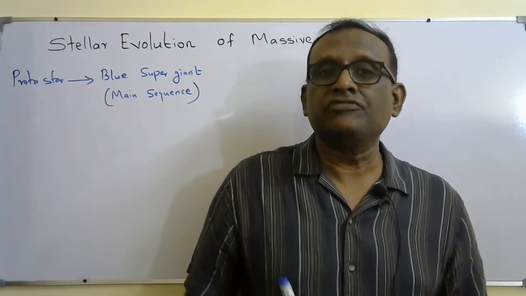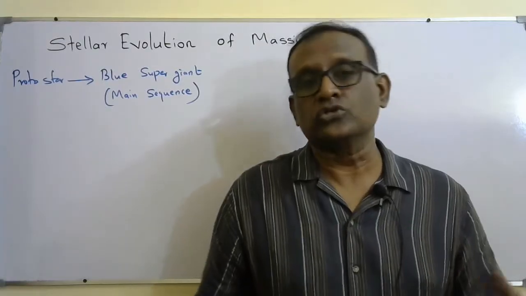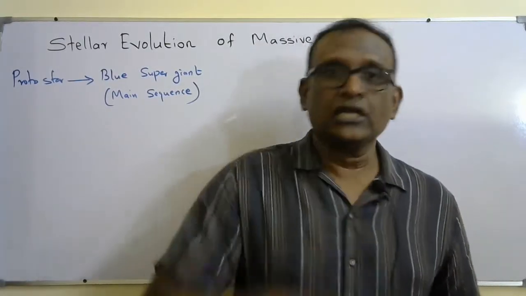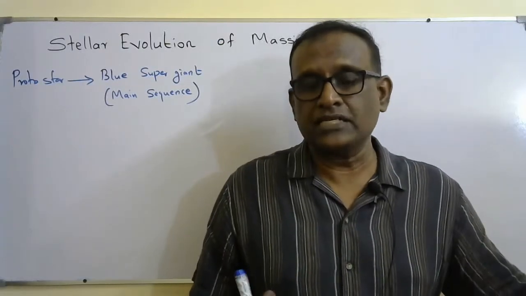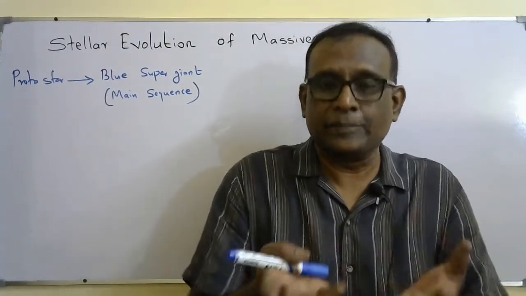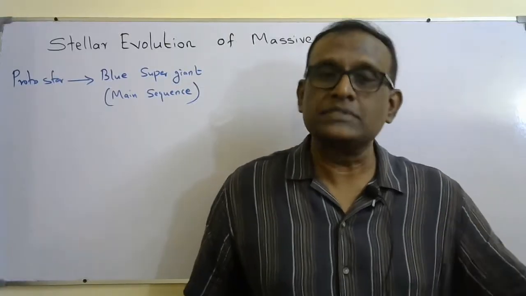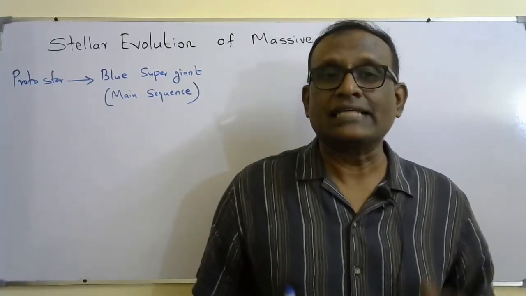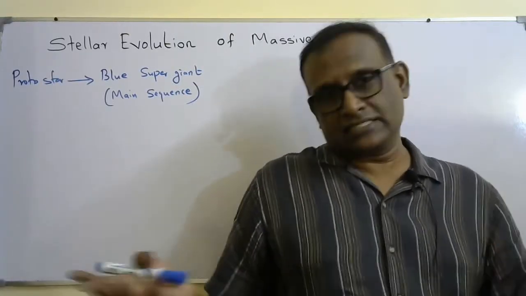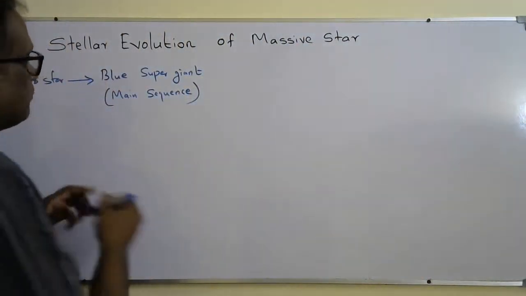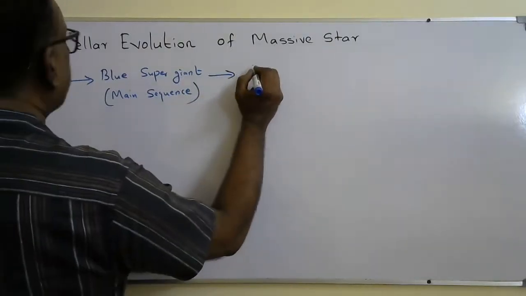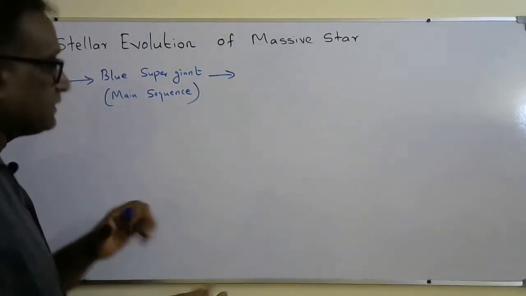But when the hydrogen is completely used up or exhausted, helium will occupy the core, and the star will leave the main sequence. As I explained for the low mass star, when it leaves the main sequence, it will become a red giant. Same explanation. Some books call it red supergiant, and some books call it red giant.